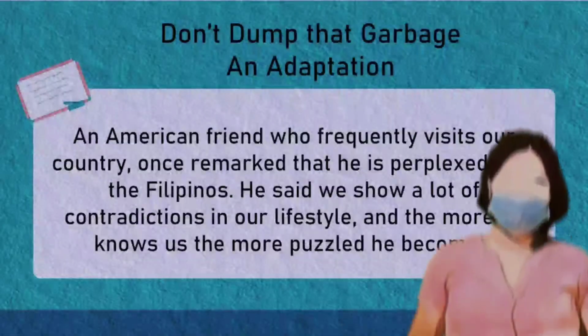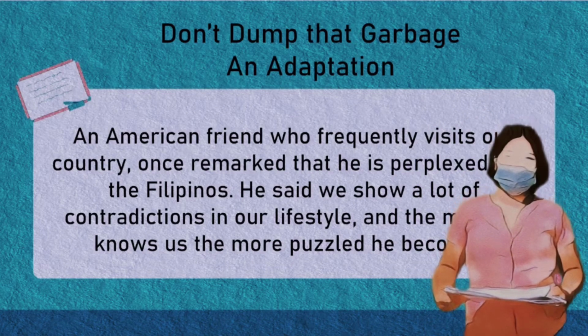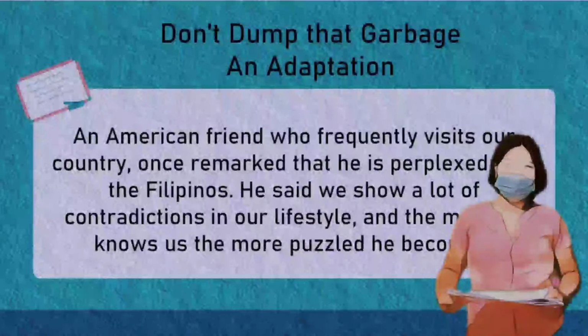The story is entitled "Don't Dump That Garbage." This is an adaptation. What you're going to do, class, is read the selection and take note of the words that are underlined, because after you read the selection, you will answer some questions from it. Is it clear, class? So let's begin reading the story.